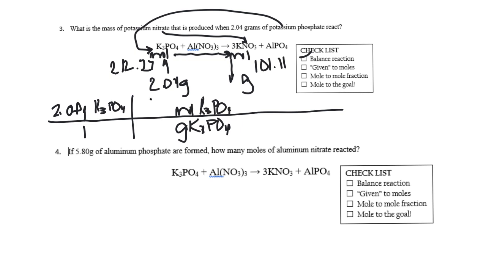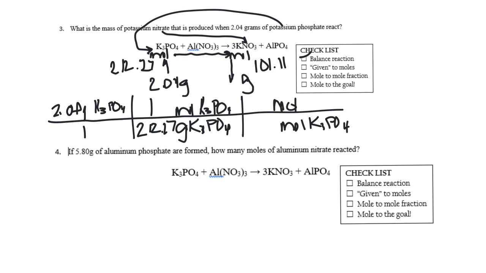We're going mole to another unit. 1 is next to mole. And now I put the molar mass, 212.27. Let me neaten that up. Okay, now mole of K3PO4 comes down.